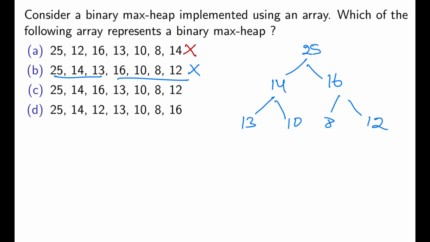Now we'll check 25, 14, 16. Here the max heap property is satisfied. Then 14 is greater than 13 and 10, so the max heap property is satisfied. Then 16 is greater than 8 and 12, satisfied here too. So we can say option C is a heap.